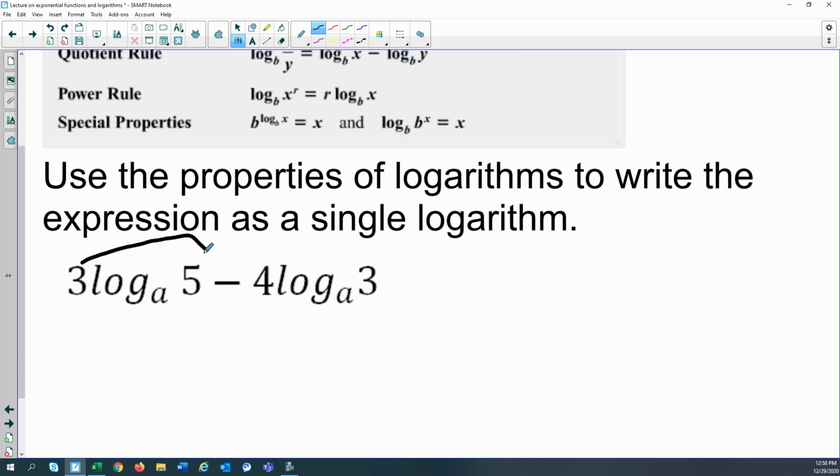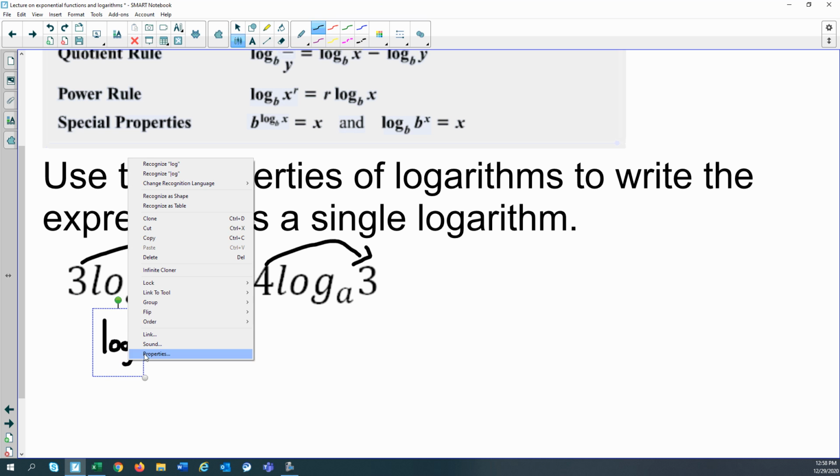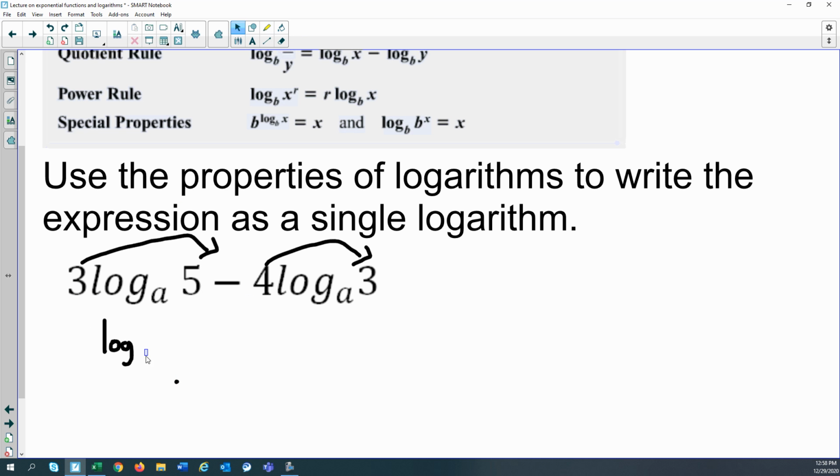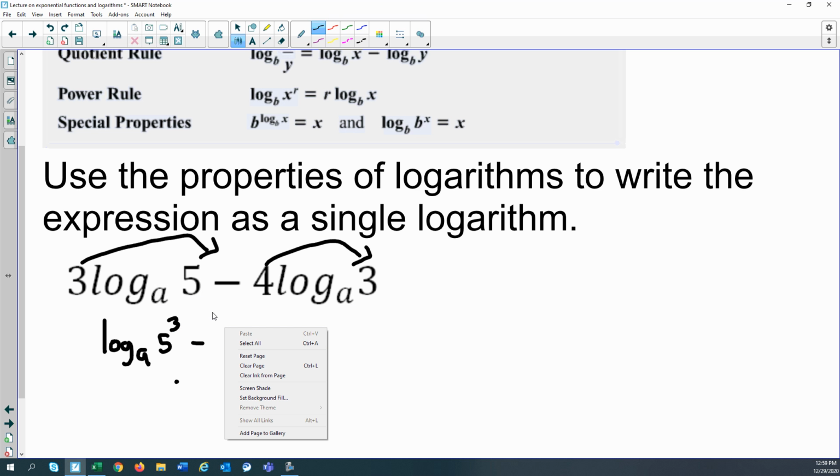So if we move these up, it's going to give us log base a of 5 cubed minus log base a of 3 to the 4th. So that used the power rule here. That's what we just used.